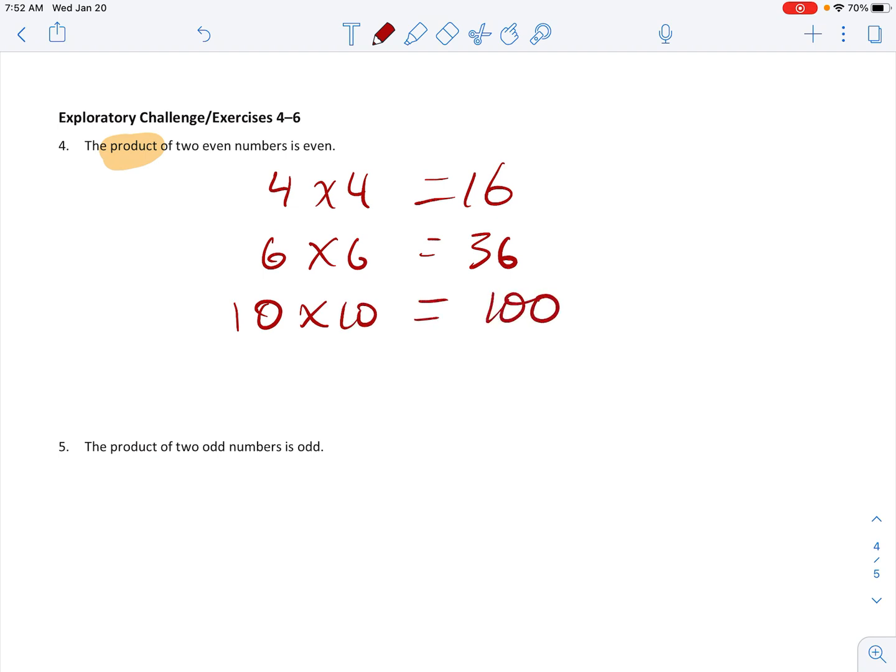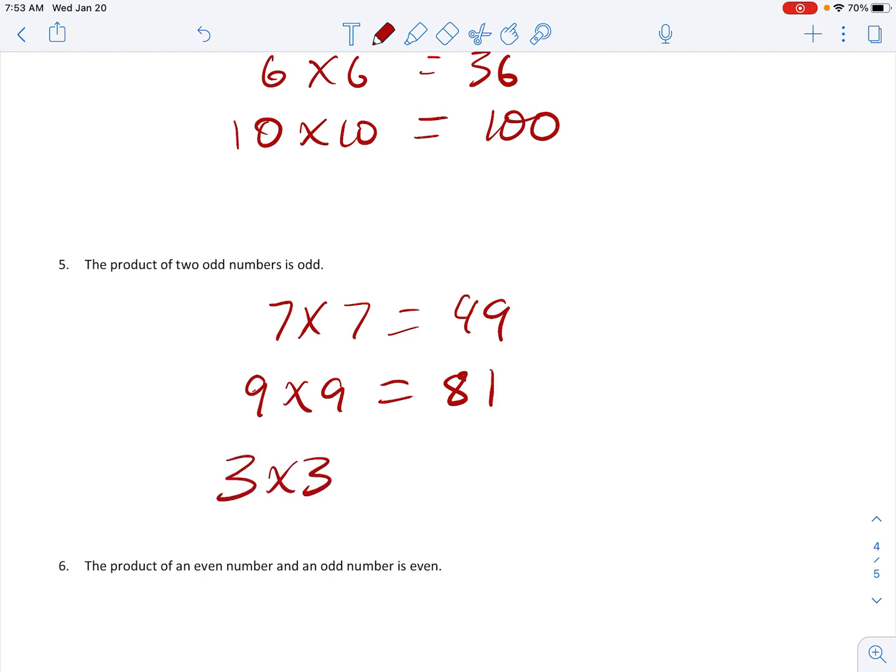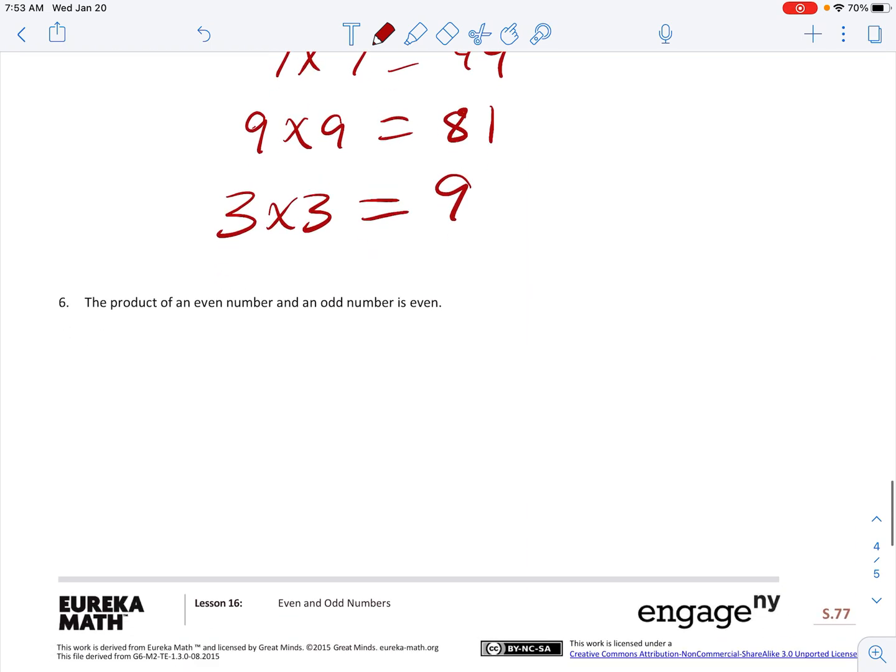So when you multiply two even numbers, they are always going to be even. The product of two odd numbers, 7 times 7 equals 49. They're always going to be odd. 9 times 9 equals 81. Always going to be odd. 3 times 3 equals 9. Always going to be odd. So when you multiply two odd numbers, the answer is always going to be odd.